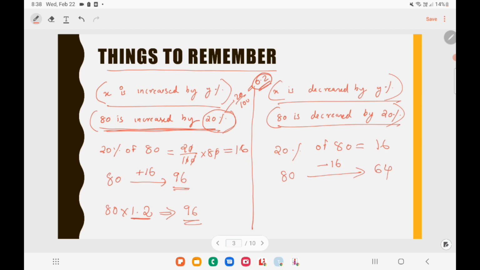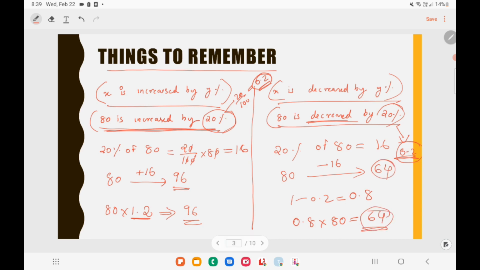Again, just like before, you can do it easily in this way. 20% is 0.2, 20 by 100 is 0.2. Here it is decreased by 0.2, so you need to reduce 0.2 from 1. So 1 minus 0.2 is 0.8. If you multiply 0.8 with 80, you will get 64, right? So you got 64 here and you got 64 here.